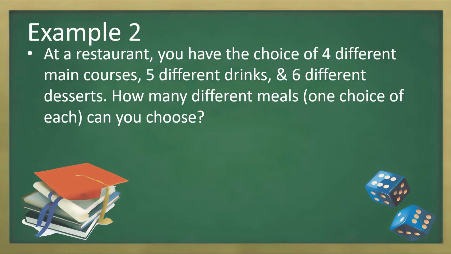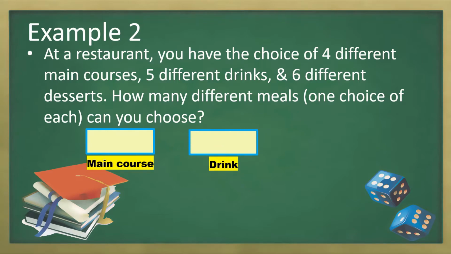Since you're going to make a meal composed of main course, dessert, and drinks, there will be 3 selections. The first one, you're going to choose from the main course. Then you're going to choose your drink. Then you're going to choose your dessert. So therefore, there will be 3 events or 3 selections. For the main course, there will be 4 choices.